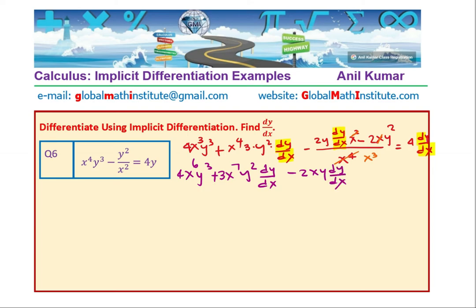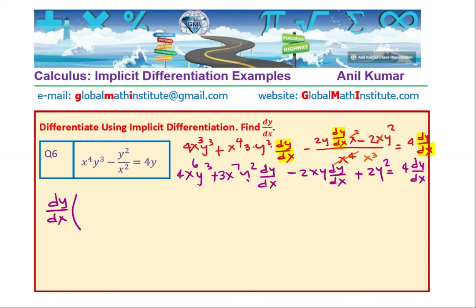Clear? One of those x cancelled, right? And then here we have this x cancelled, so minus 2y squared. Minus and minus becomes plus. Equals 4 dy/dx. Absolutely clear? Now let's take dy/dx and write down all the terms which have dy/dx in it.